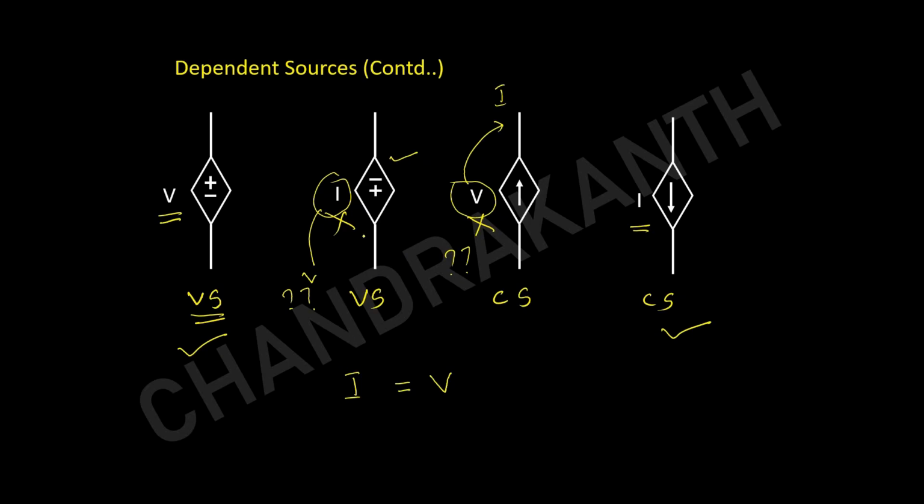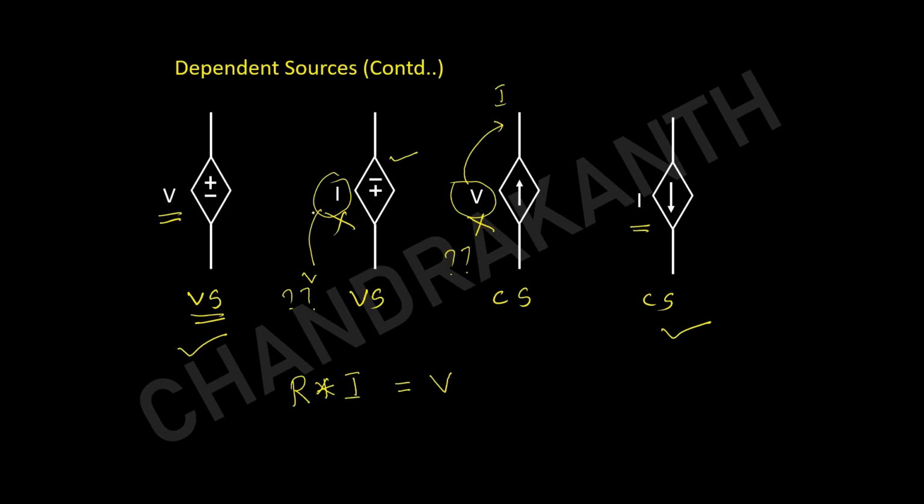Because the voltage source should have a voltage value, but in terms of the current. So with what value do we have to multiply or divide such that the current will be equal to the voltage? We know that with respect to Ohm's law, R into I is equal to the voltage.